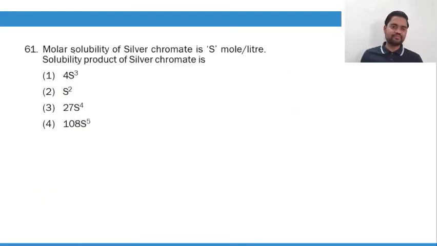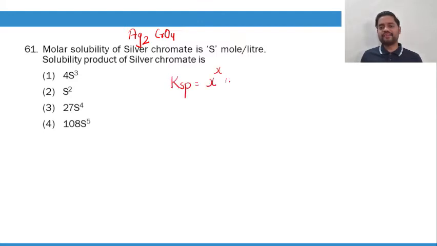61. The molar solubility of silver chromate. What is silver chromate? Silver chromate will be Ag2CrO4. Is S mole per liter the solubility product of silver chromate? So Ksp they are talking about. Ksp is equal to what, guys? x^x, then y^y, and then S^(x+y).